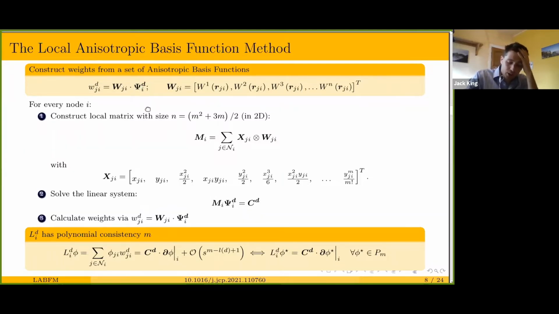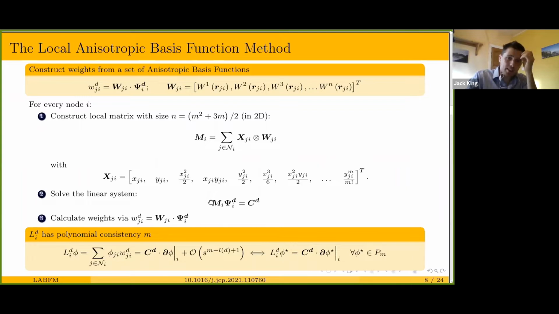So I won't go into the derivation here, but the process of constructing the operators is really as follows. For every node, we construct a local matrix, where we introduce the vector of Taylor monomials x, and for each node we build this matrix, which is the sum over the neighbors of the tensor product of the monomials x and the basis functions w. Essentially, each column of that matrix contains the moments of a given one of these basis functions.